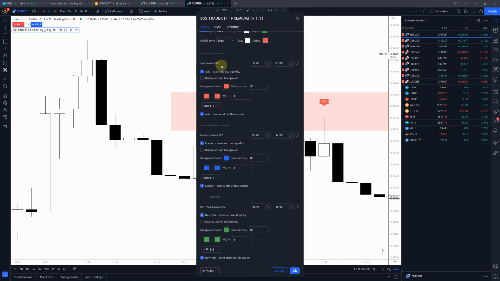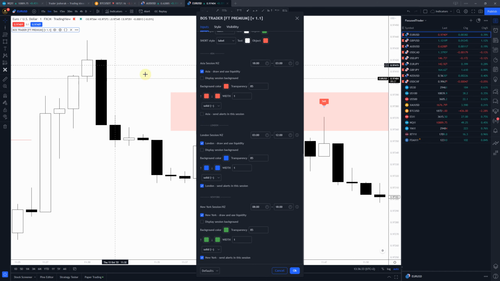We are making differences between liquidities, and there is a checkbox, Asia, draw and use liquidity, and it does what it says. It draws and uses liquidity for alerts. So you can turn this off, and you will automatically not receive alerts in this Asia session, but you will still draw and use the liquidity.